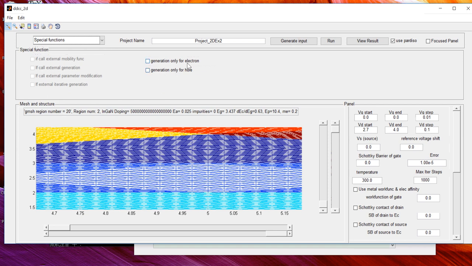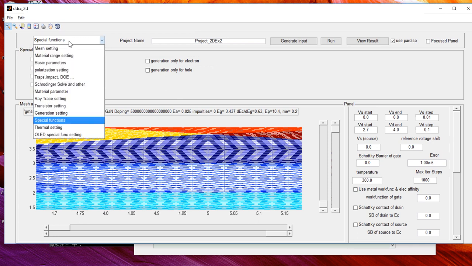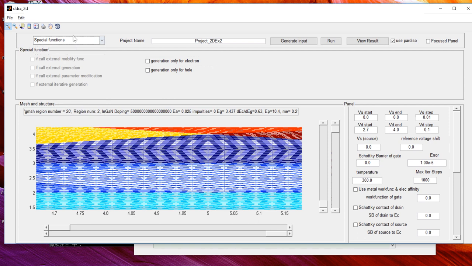This is for future work, probably for the infrared photodetector, like the quantum cascade laser or something like that. You only absorb in the electron, but there's something that needs to be fixed, I mean an additional term. But somebody requested me to generate only electrons, so I built this function, but I don't think that will be right at this point.